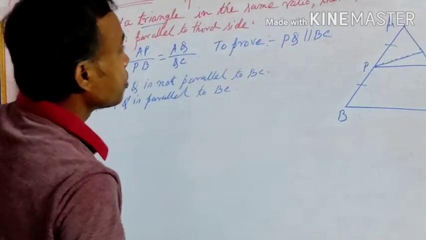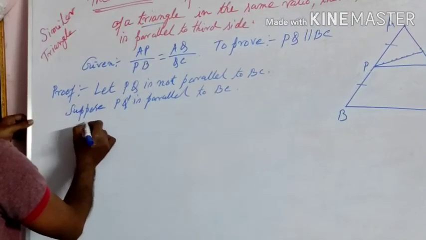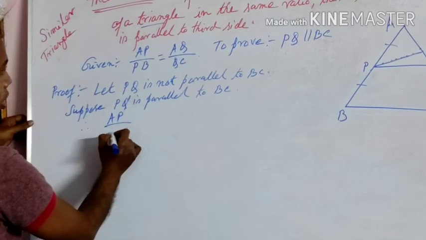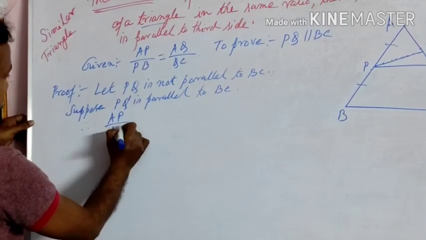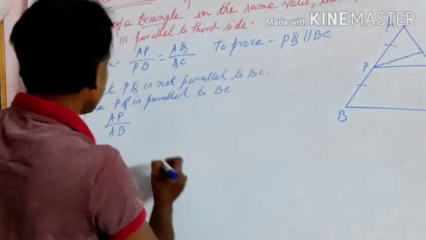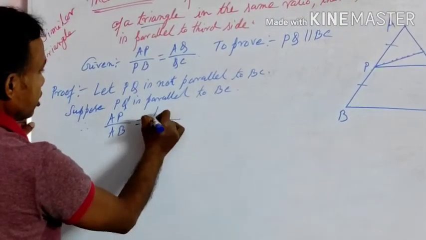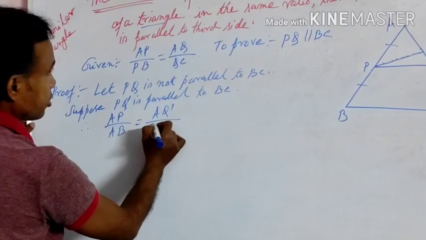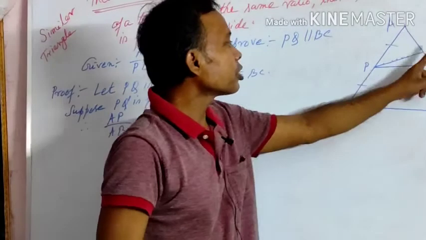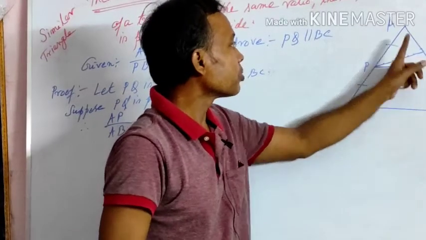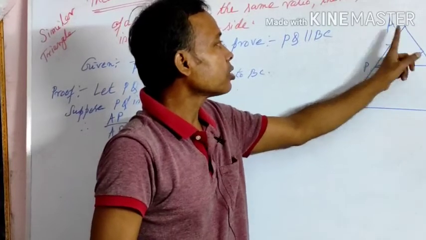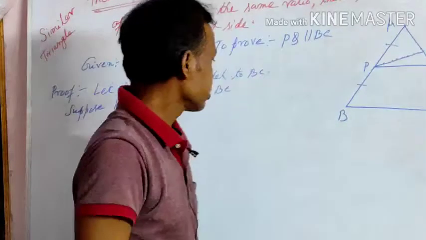Since PQ dash is parallel to BC, therefore we can write AP by AB is equal to AQ dash by AC. Since our assumption is PQ dash is parallel to BC, therefore AP by AB is equal to AQ dash by AC. Okay.